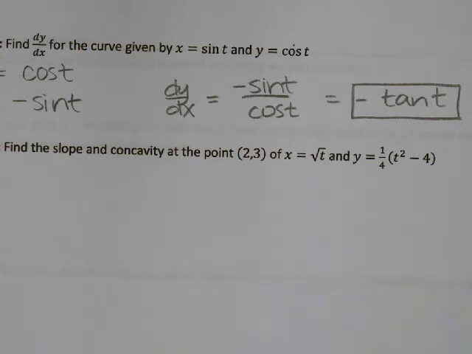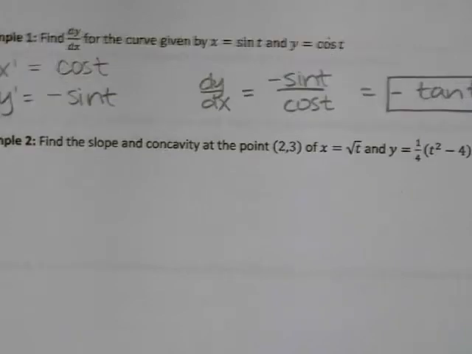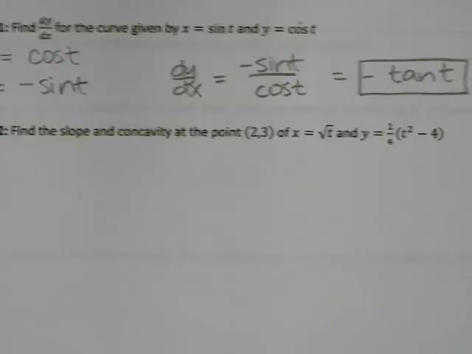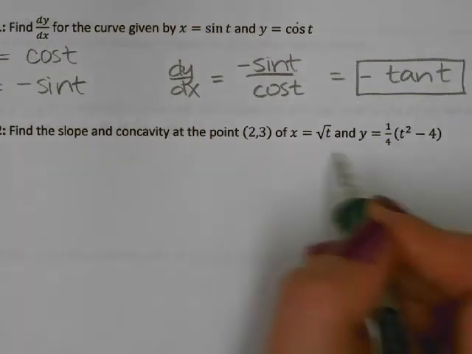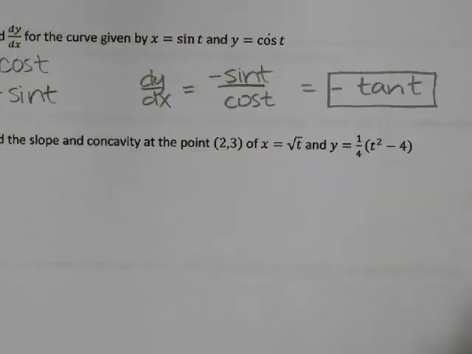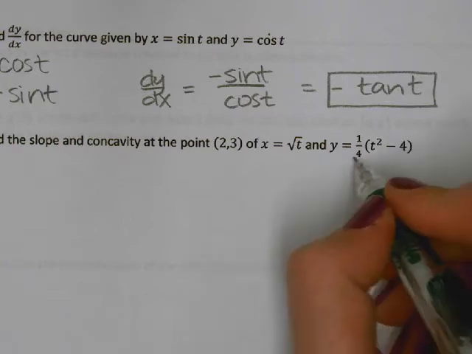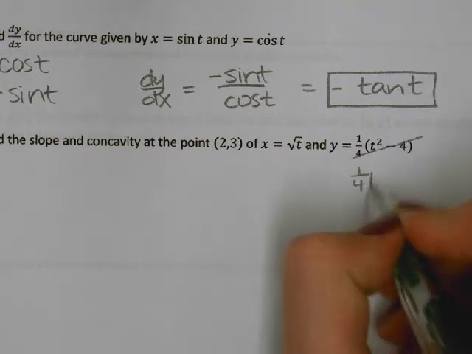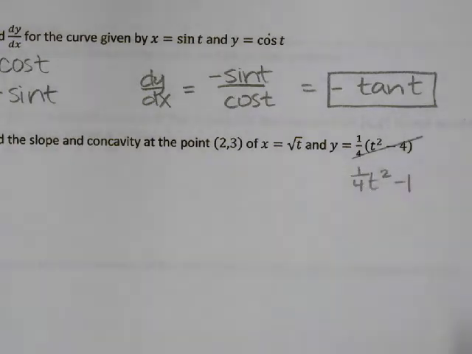All right, find the slope and concavity at the point (2, 3) of x equals the square root of t and y equals 1/4 t squared minus 4. I'm going to go ahead and distribute that 1/4, so I've got 1/4 t squared minus 1, and work with that function. That way I don't have to think about the product rule or be confused about the parentheses.